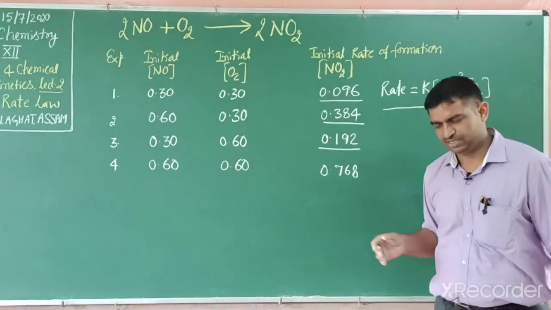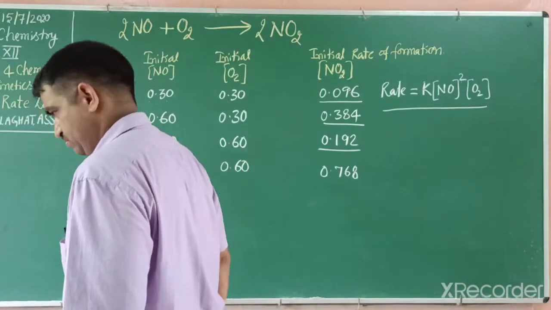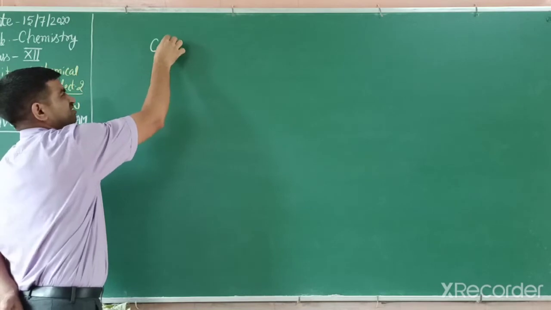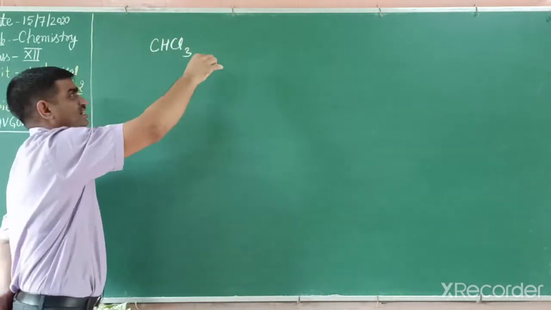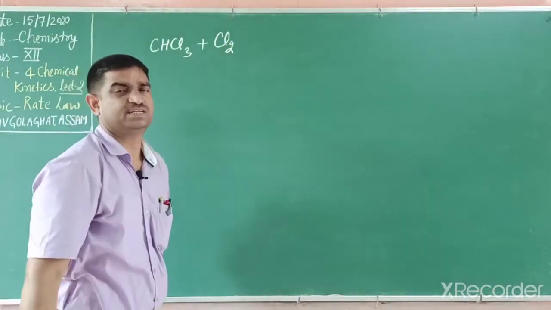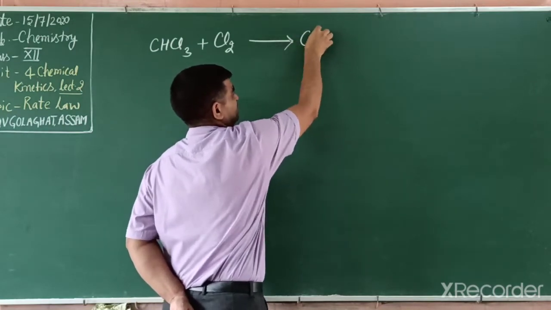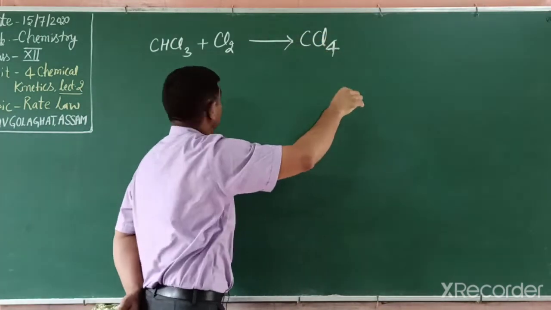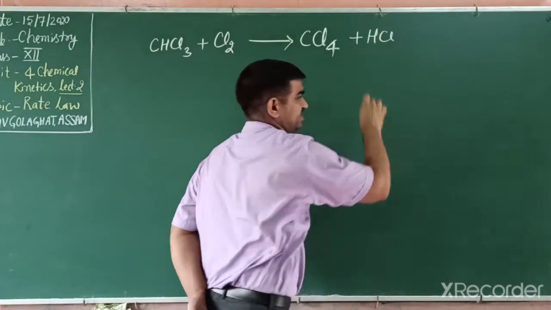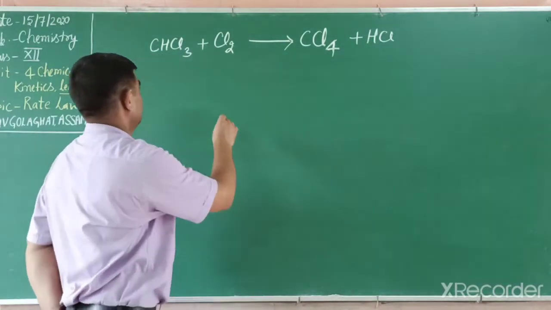We take another example of rate expression. New reaction, when chloroform reacts with chlorine gas, it is converted into carbon tetrachloride plus HCl. In this reaction, given in your NCERT book, there is a rate law.